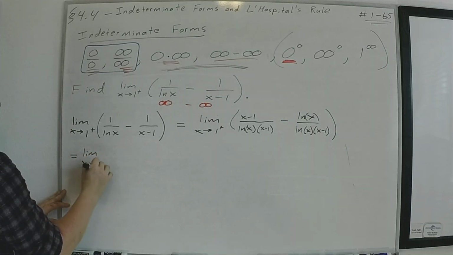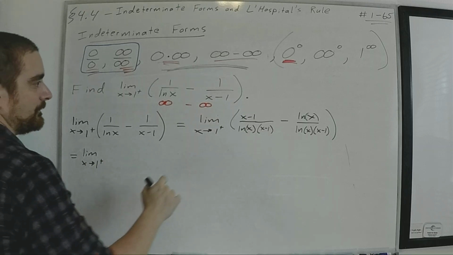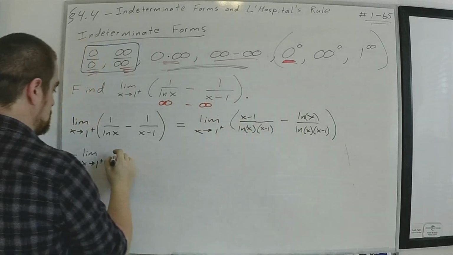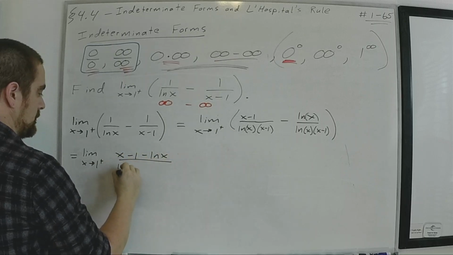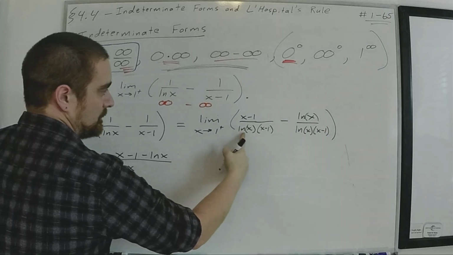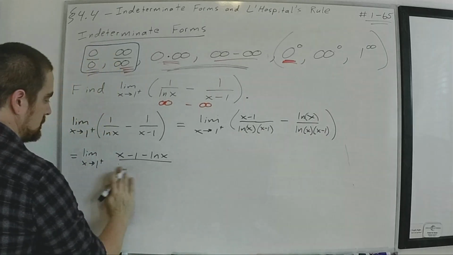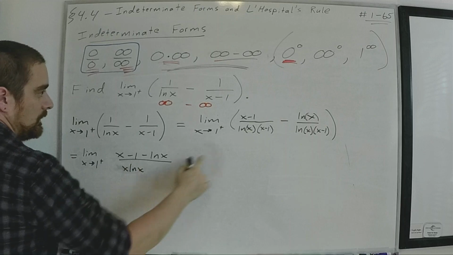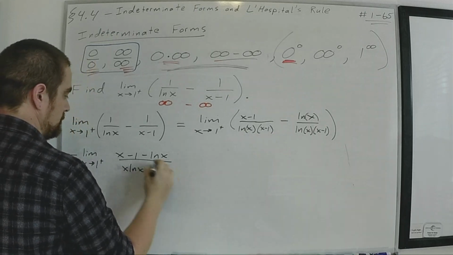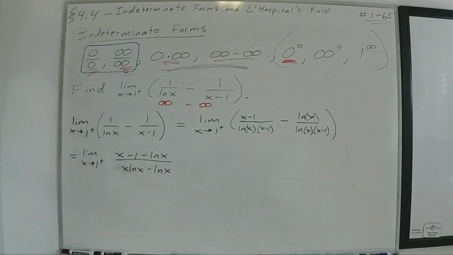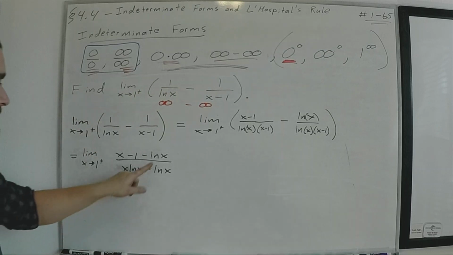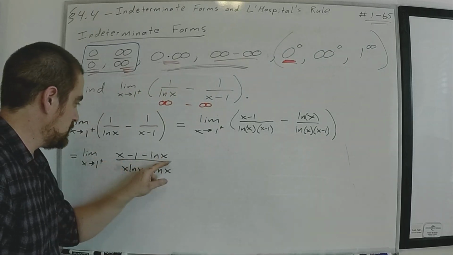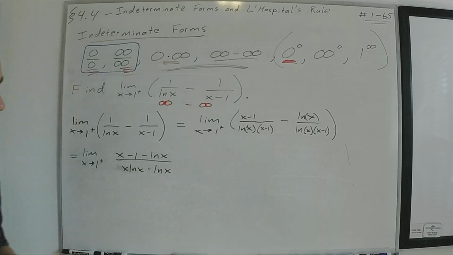This is the limit as x goes to 1 from the right of x minus 1 minus log x over my common denominator, natural log of x. I'll distribute that so it's x natural log of x minus natural log of x. So at least I do have one expression here rather than 2 being subtracted. And don't you dare cancel those log x's out. Division and subtraction do not play well together. We know that.